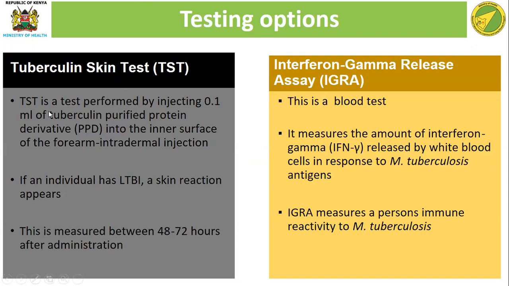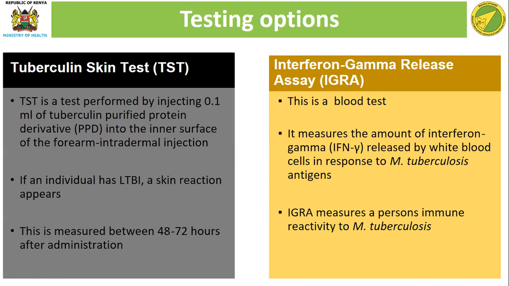Just to mention briefly how these tests differ. TST, I think some of us have interacted with this. It used to be available some years ago, and we used it a lot for diagnosing TB in children. I know some private facilities still use it to help diagnose TB even among adults. You inject 0.1 mls of the tuberculin PPD into the inner surface of the forearm, and we expect a skin reaction if you've been exposed.